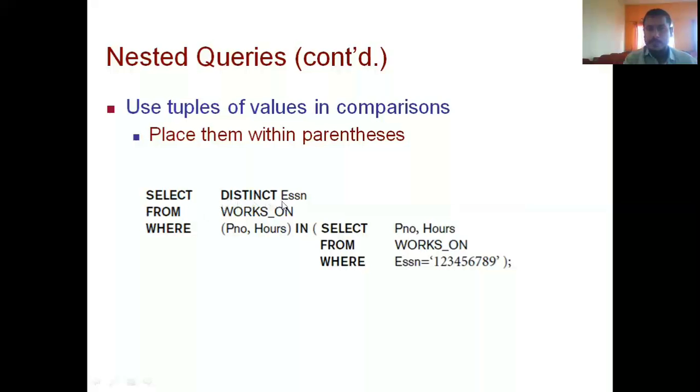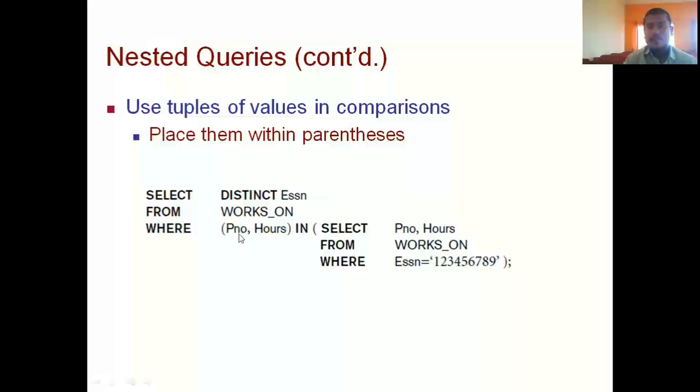Select distinct employee SSN from the works_on condition. This works_on is a relation table where the condition is project number and hours, how many hours a particular employee works on a particular project. So works_on is a table which consists of the data: for a particular employee in a particular project, how many hours worked. Those details are in the works_on table.